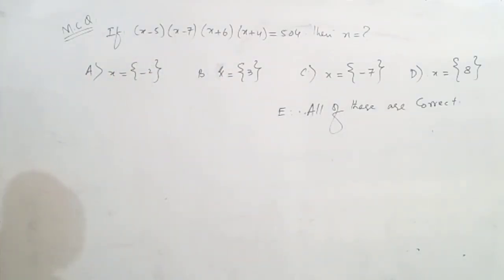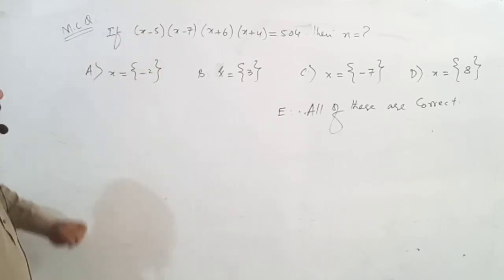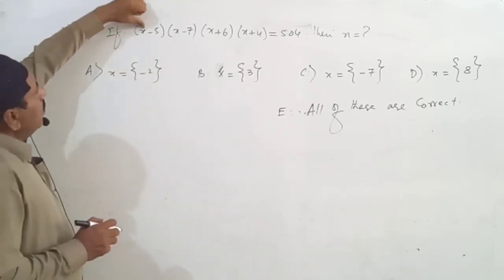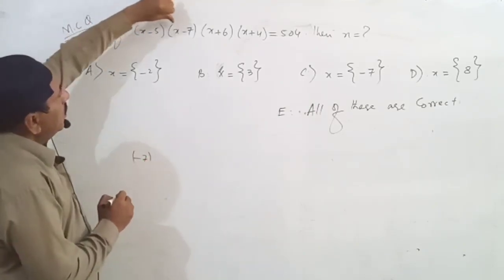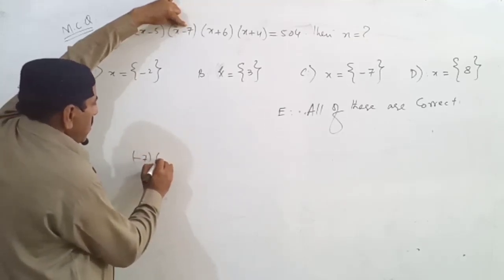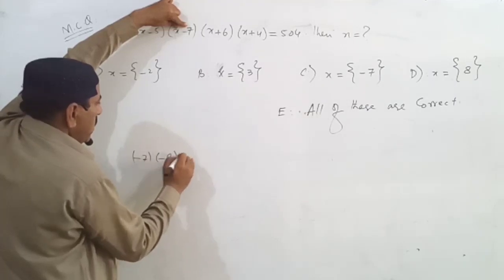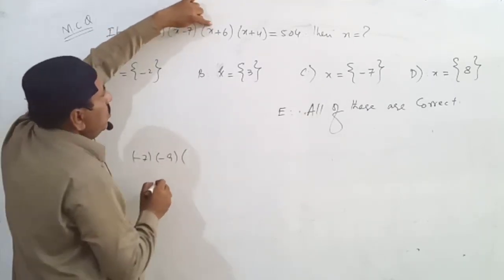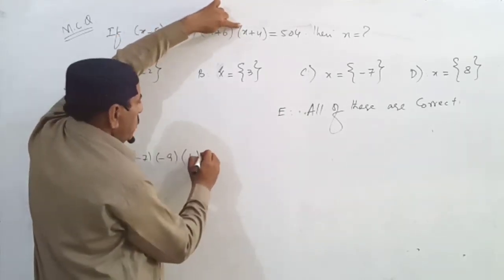Now, if we say that -2 is correct, then -2 minus 5, -2 minus 7, -2 plus 6, -2 plus 4.